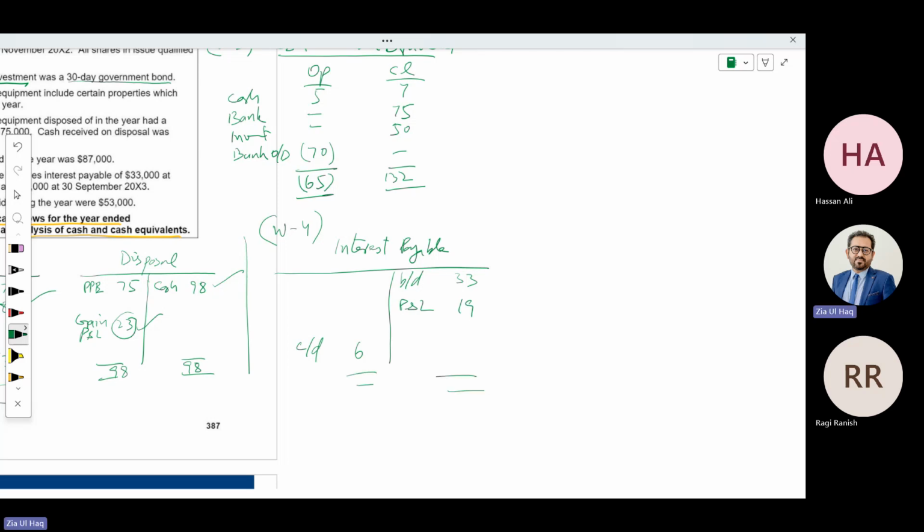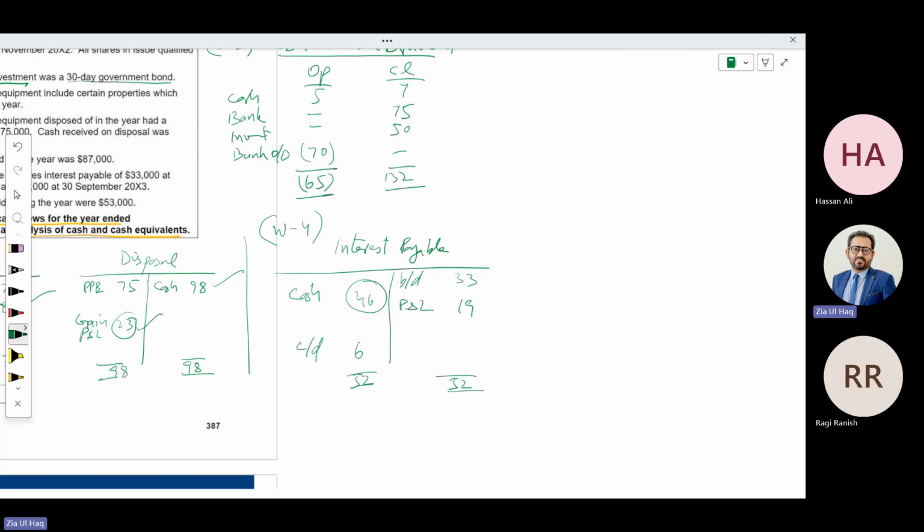The balance, 19 plus 33, is 52. By deducting 6, we arrive at 46. That is the cash paid, the interest paid. Interest debit, cash credit. That's why it's on the debit side, because cash paid means the cash account will be on the credit side. Does it make sense? Yes.